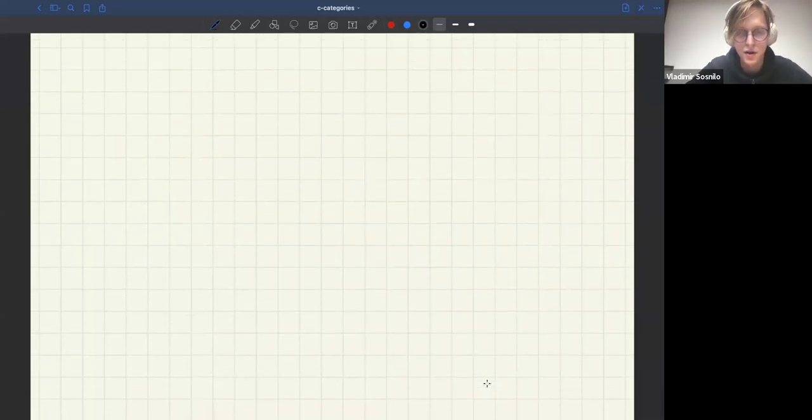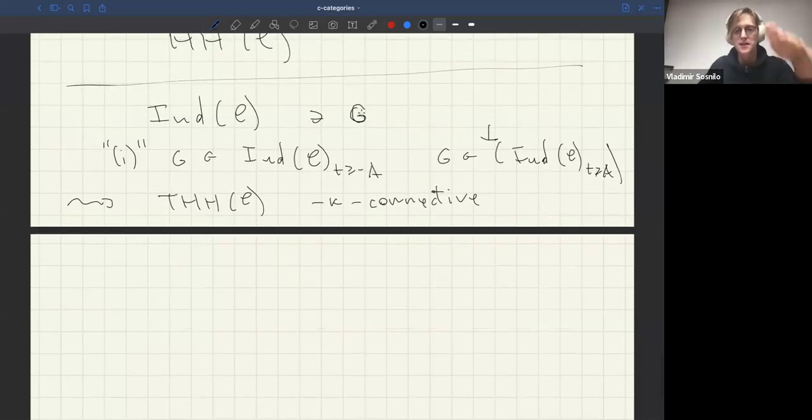But we can find examples of a category satisfying this, where this condition is not true. So for instance, we can take a topological space X, and we can take the ring of cochains on X. This is a ring spectrum, so we can take modules over this.